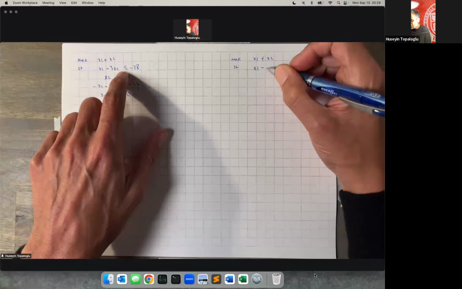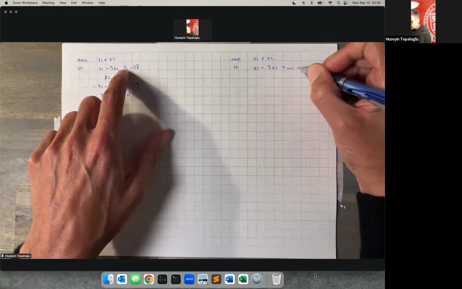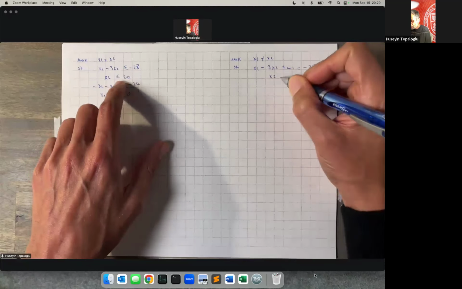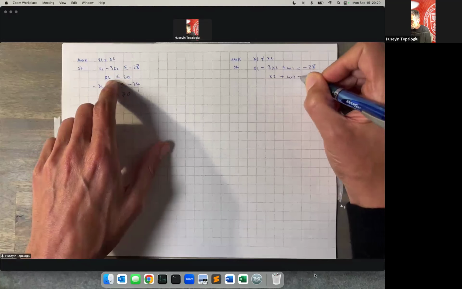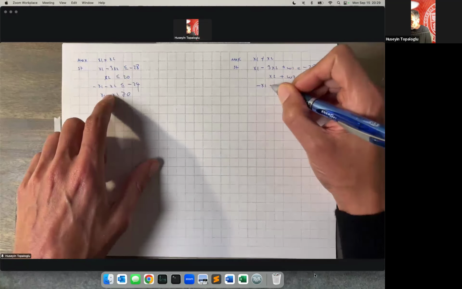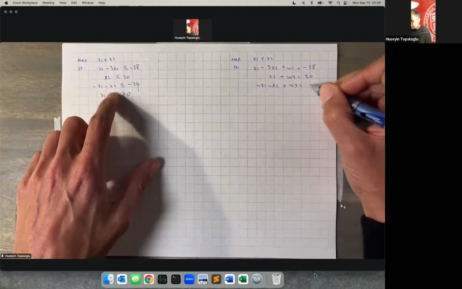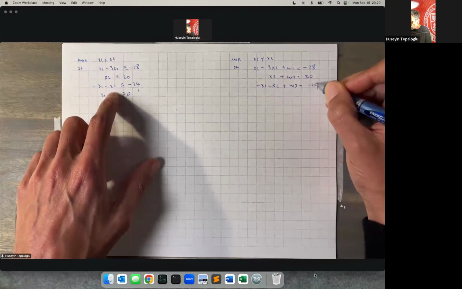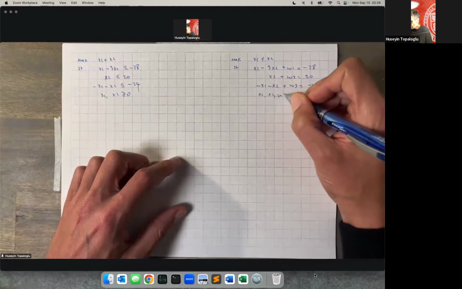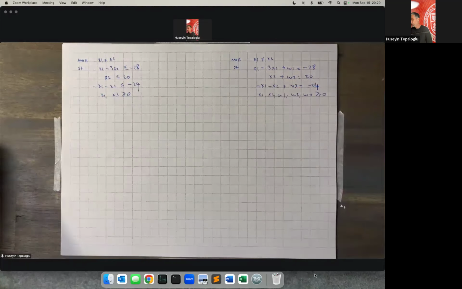Let's apply the same recipe. Stuff the left-hand side of this first constraint by the slack variable W1, make it an equality. Stuff the left-hand side of the second constraint by the slack variable W2, make it an equality. Stuff the left-hand side of the third constraint by the slack variable W3, make it an equality. And all of our decision variables and all the slacks are non-negative.